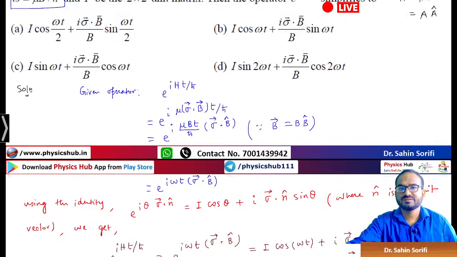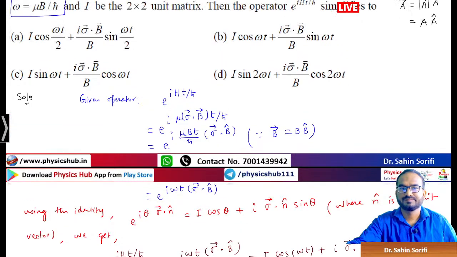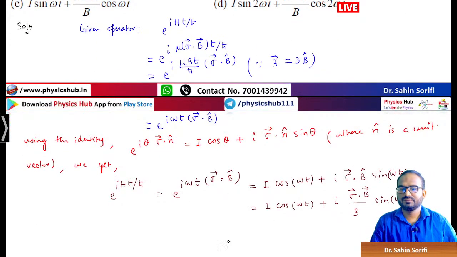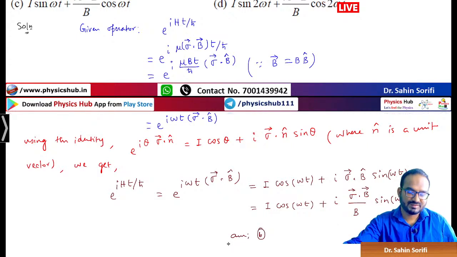Which option is it matching with? It is matching with option B. Look, if you do the solution in a very systematic way, then things will be pretty much done.